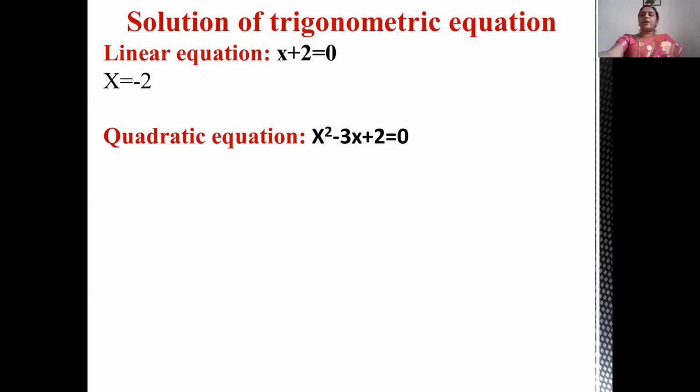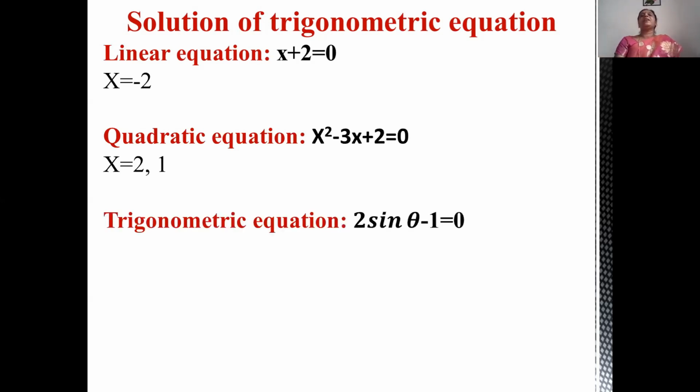And equating each factor to 0, you get the values of x as 2 and 1. Here the values of x are 2 and 1, which means these are the solutions of the quadratic equation. Again, coming to the point, what is meant by the solution of a quadratic equation? The solution of a quadratic equation is nothing but finding out the value of the variable.